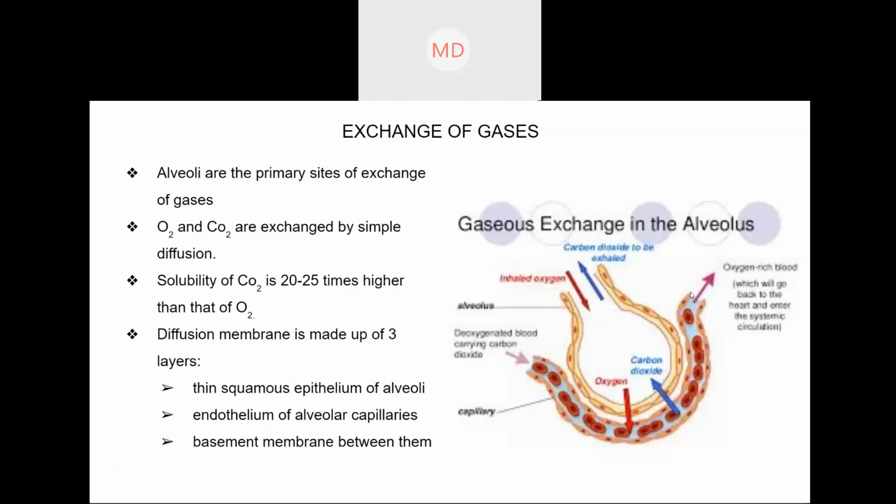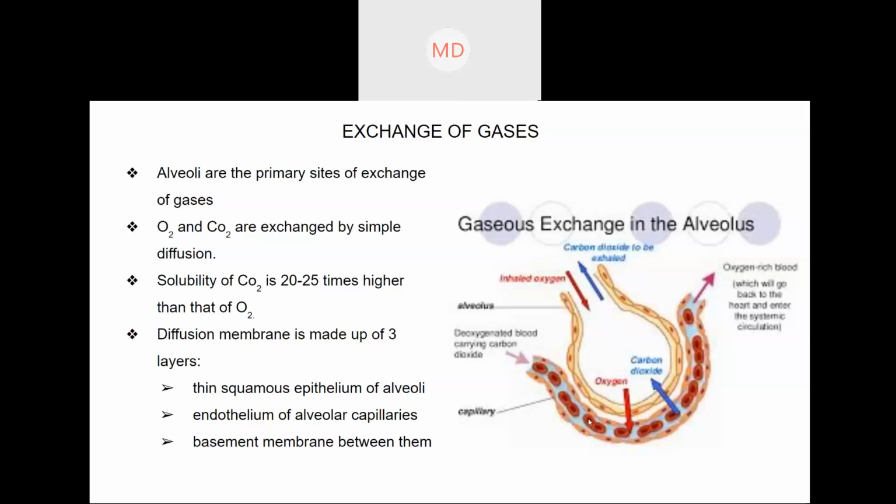Then there is this layer, if you see here. This layer serves as the layer of alveolar capillaries. This is the alveolar capillary. Here are the blood cells. Capillaries are the sort of tubes through which blood passes. Blood flows through these capillaries.